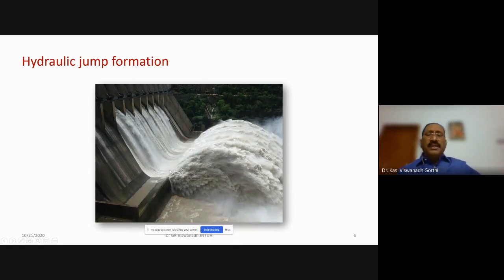Because the flow is supercritical here, very immediately within a very short span of the channel, it tries to get converted into subcritical flow. In this portion, there will be formation of the jump, turbulent movement of water. A hydraulic jump is a turbulent movement of water, a change of state of water from supercritical state to subcritical state.